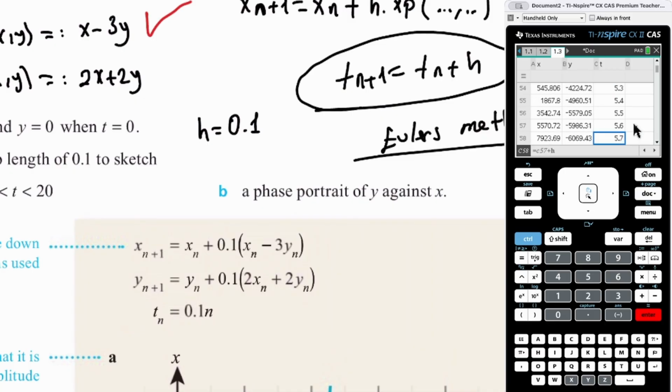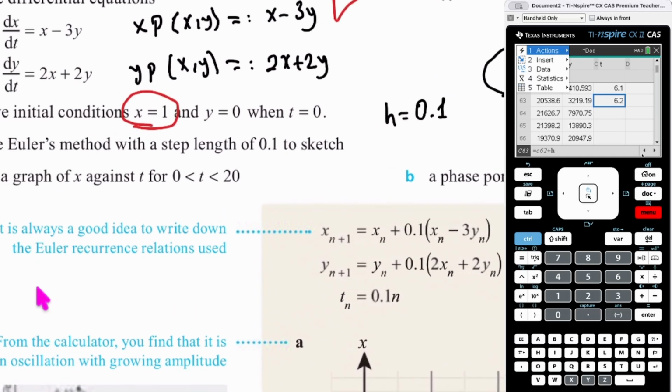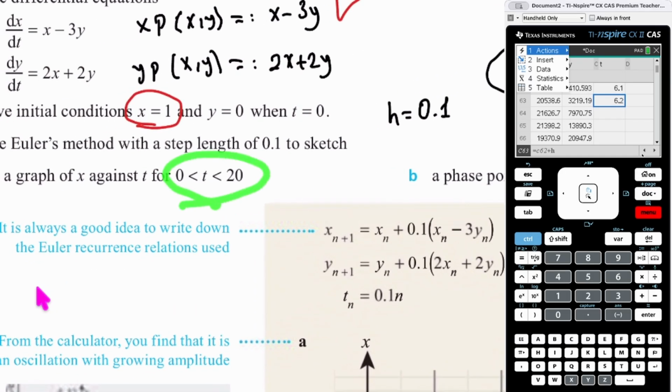Are they in the same point right now? Okay, here, menu. So in the question it says sketch between 0 and 20, right? T. So it means that I should go to 20 in T. I should go to 20 here, right?